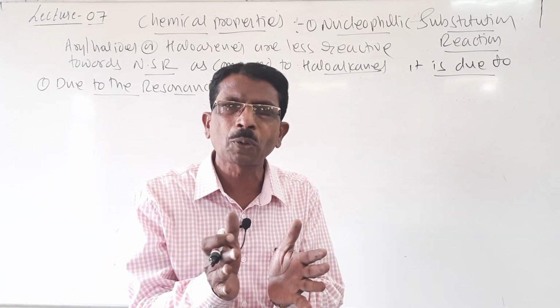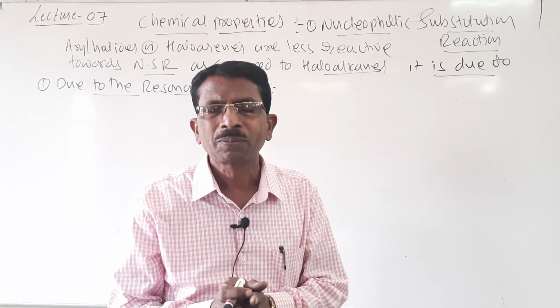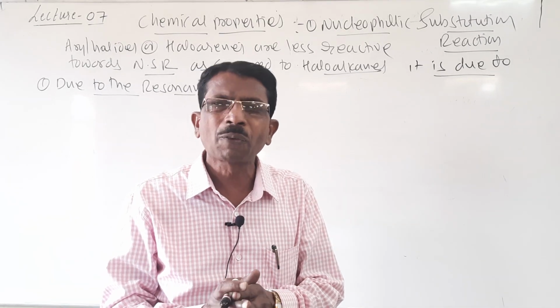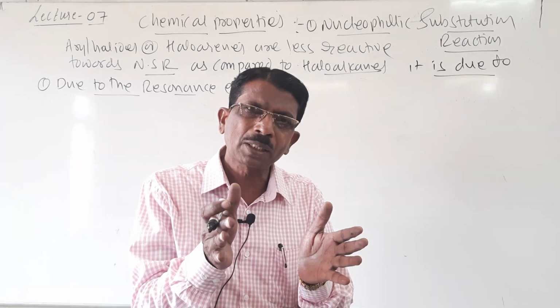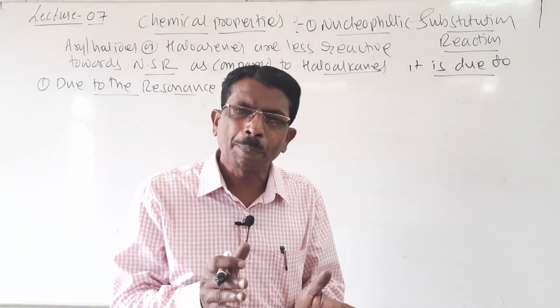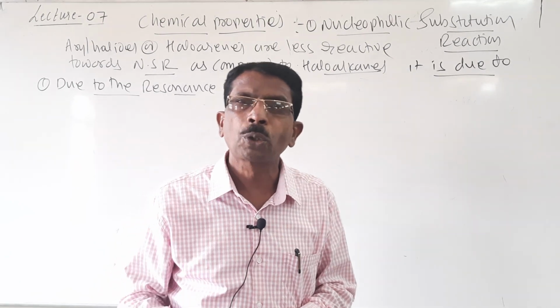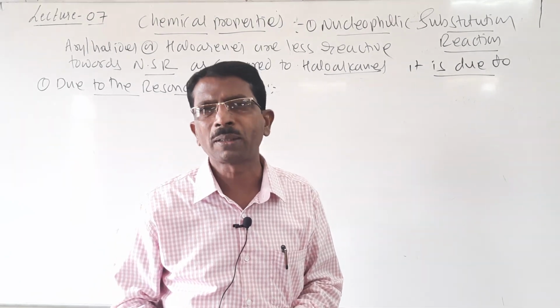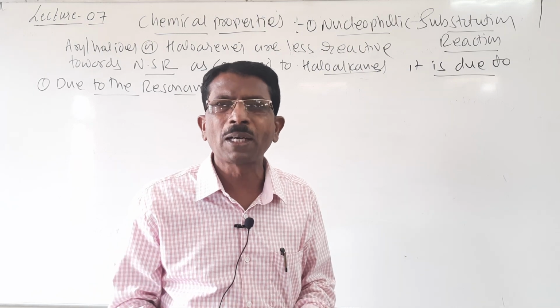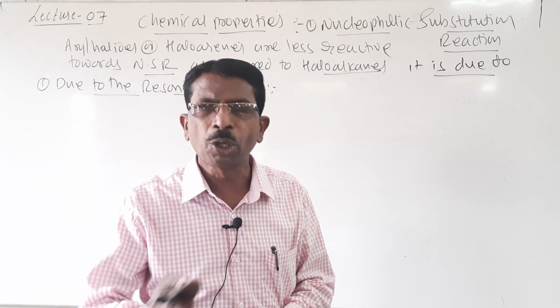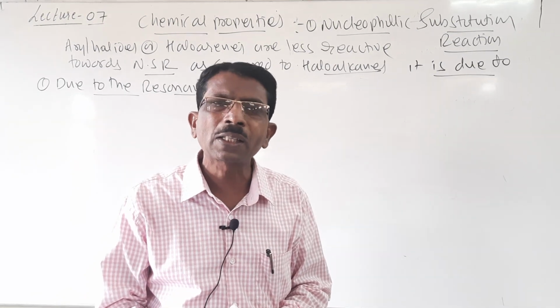It becomes near about 169 picometer, whereas in haloalkanes it is 177 picometer. Therefore it is very difficult to cleave the C-X bond, or to remove the halogen atom from the benzene ring, and due to this reason these are less reactive.